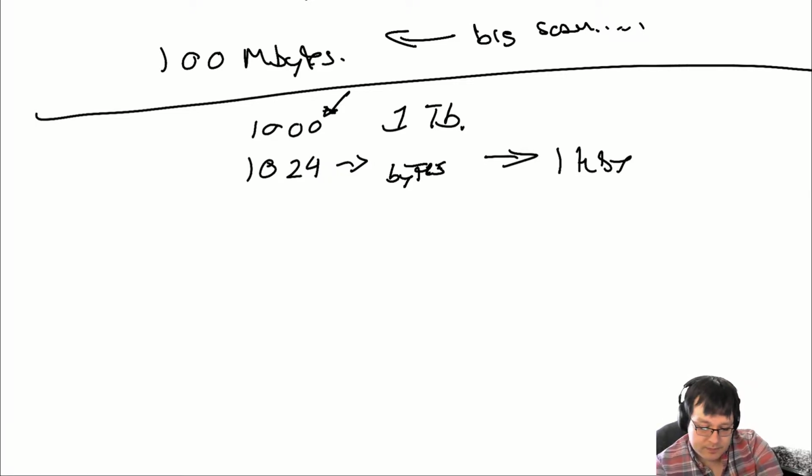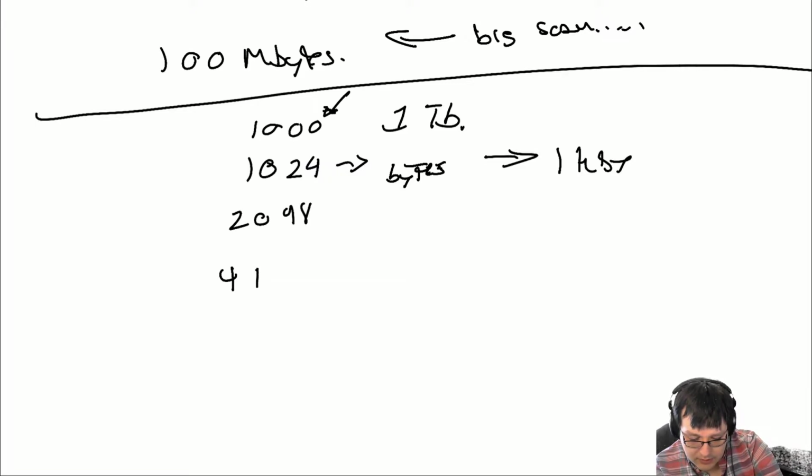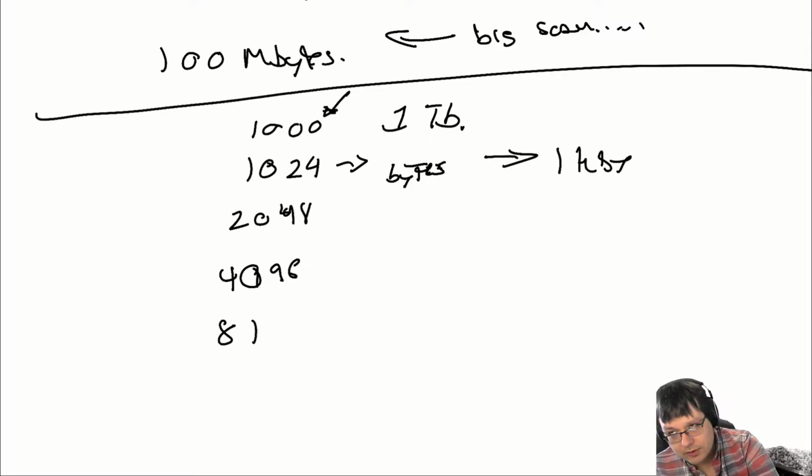So if you multiply this times 2, you get 2048, and then 4096. And then from there, you get 8,1... whatever 96 times 2 is.